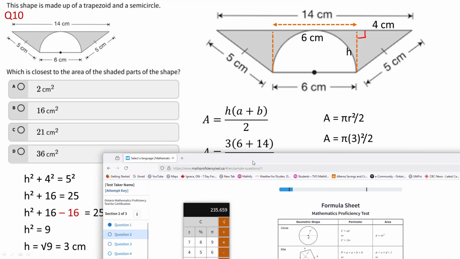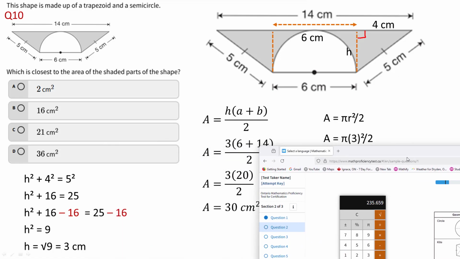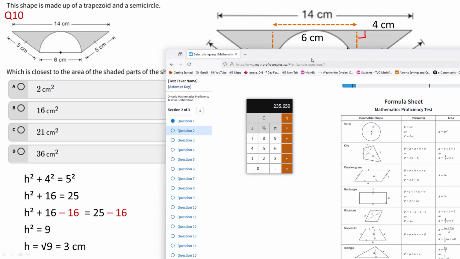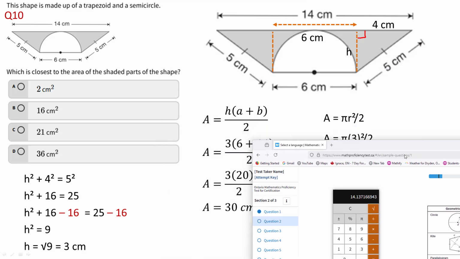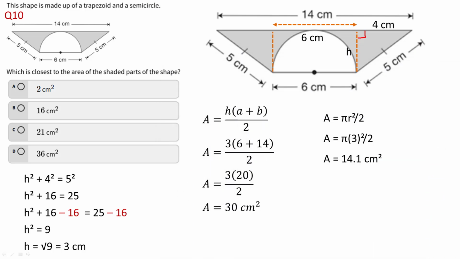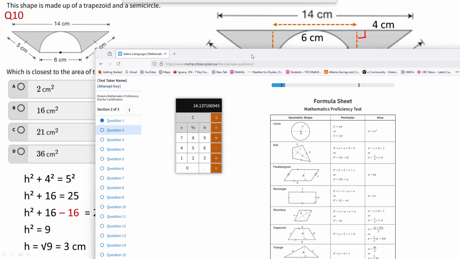I'm going to actually bring my calculator over. Okay, see now. So it's pi, whoops, I want to clear. Pi times, now I can't do 3 squared, so I have to go times 3 times 3, and then divide by 2. Okay, so there's my 14.1 that I got. Let me do that one more time.